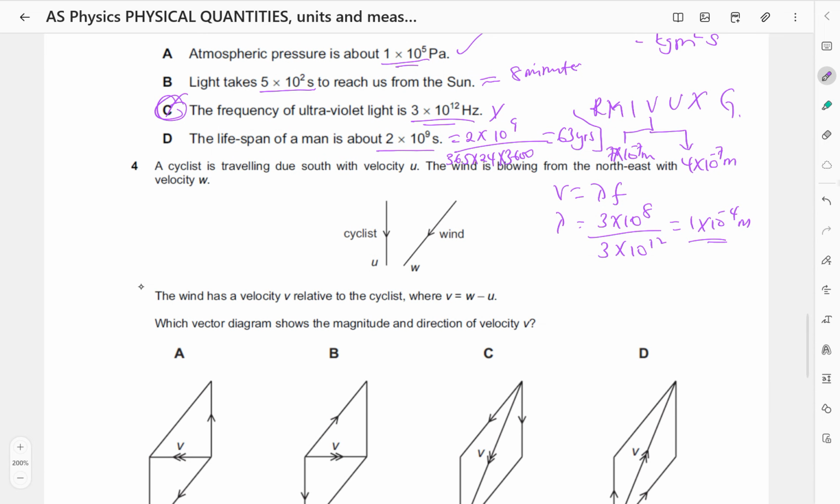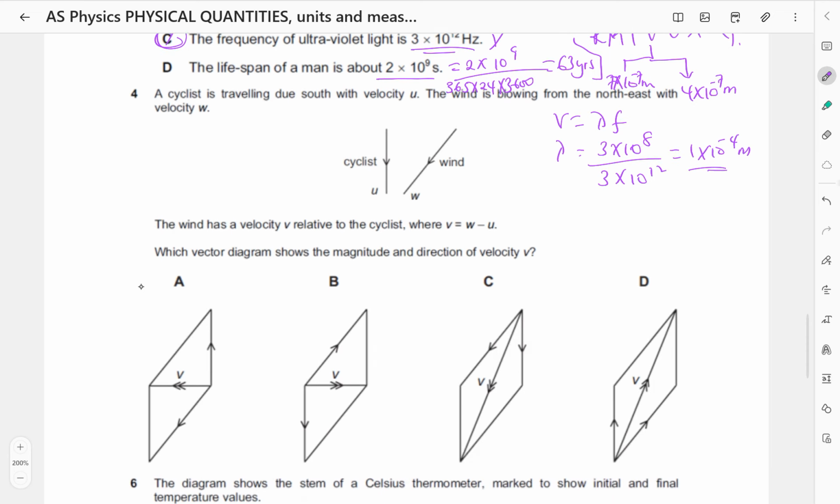A cyclist is traveling due south with velocity u. The wind is blowing from the northeast with velocity w. The wind has a velocity v relative to the cyclist, where v is w minus u. Which vector diagram shows the magnitude and direction of velocity v? So I can fix w.